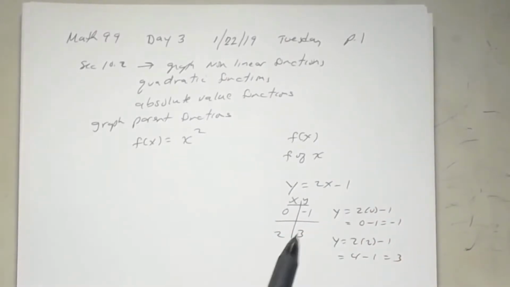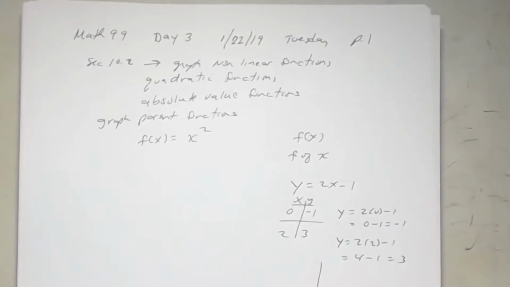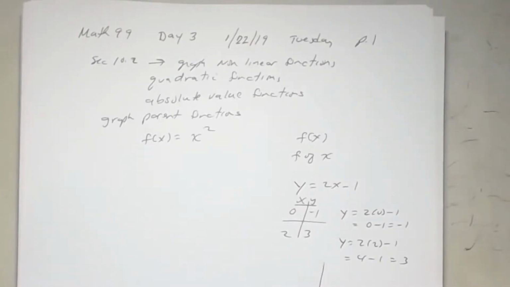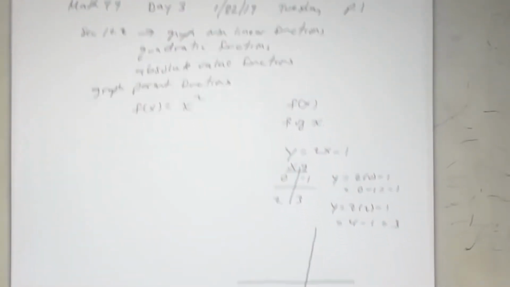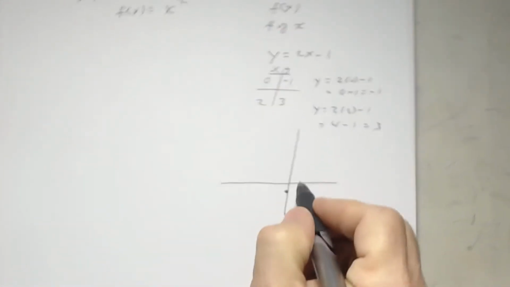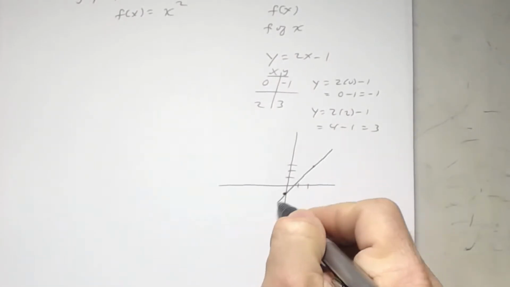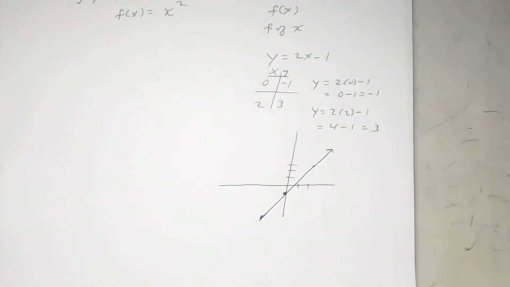Okay? Now we graph this, just to show you real quick: 0, negative 1 is here, 2, 3 is here, and I get this line, right? And that's a function because it passed the vertical line test.